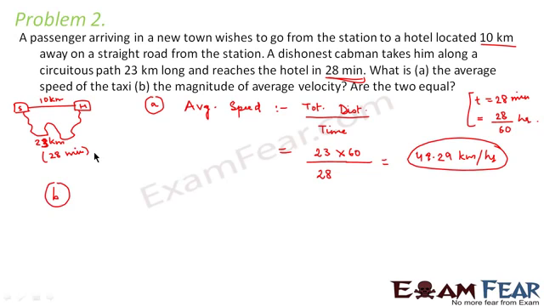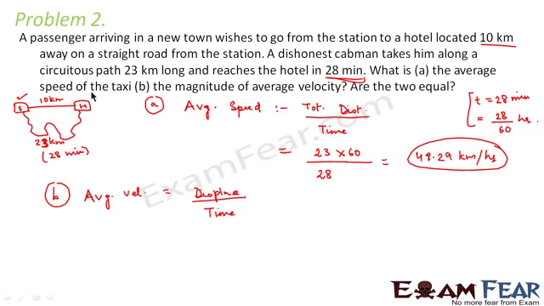Now in the second part it asks what is the magnitude of average velocity. Average velocity is the total displacement divided by time taken. Displacement is nothing but the shortest distance between initial and final position.